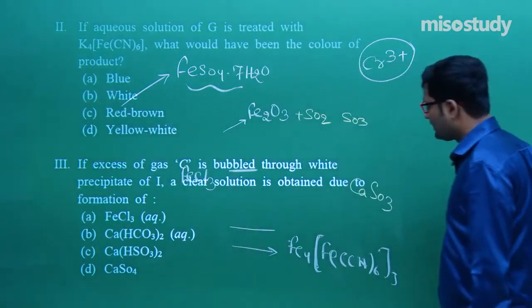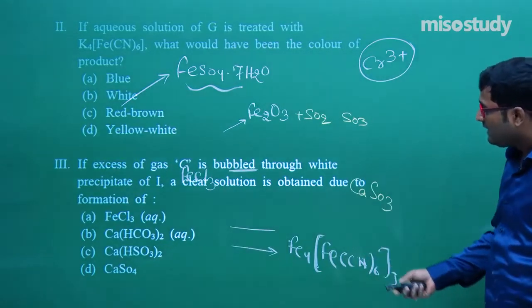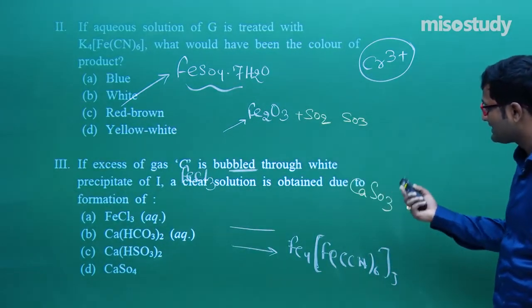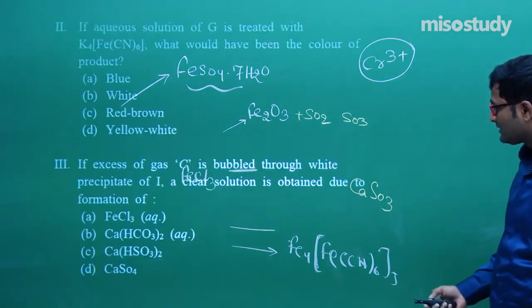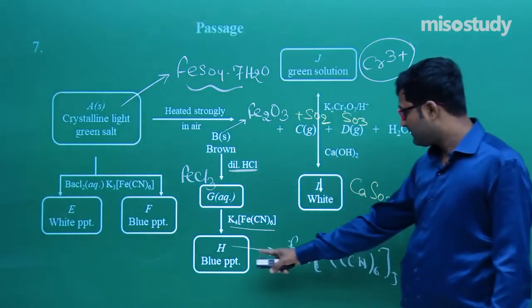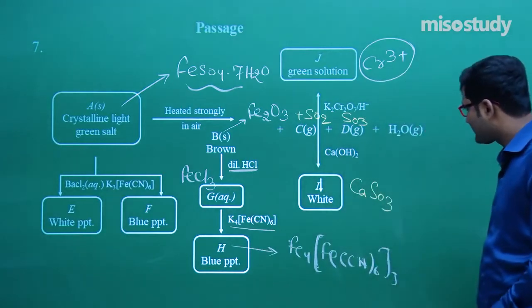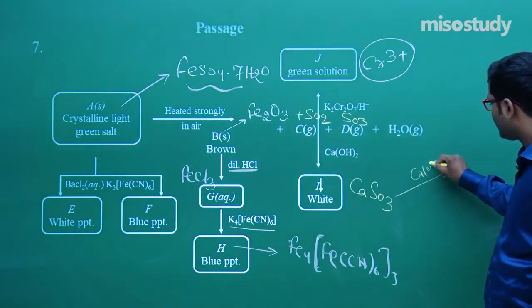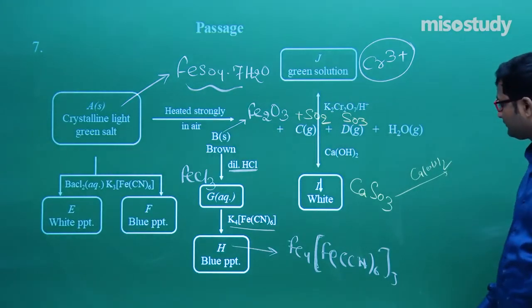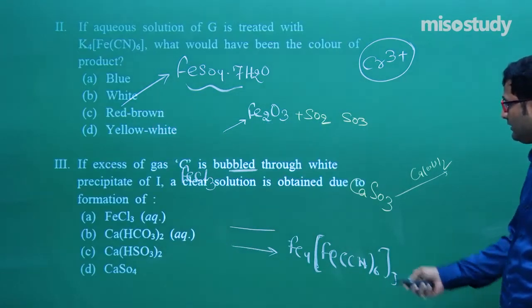Wait for a moment. The next one is, if excess of gas C is bubbled through the white precipitate of I. What is I? Look at this one. Read the question again.